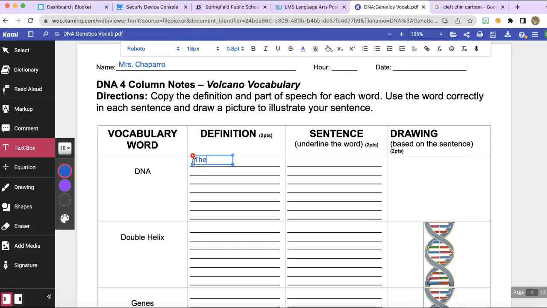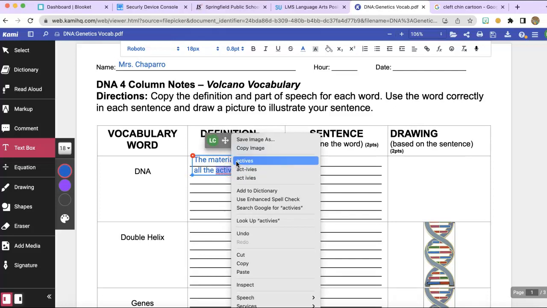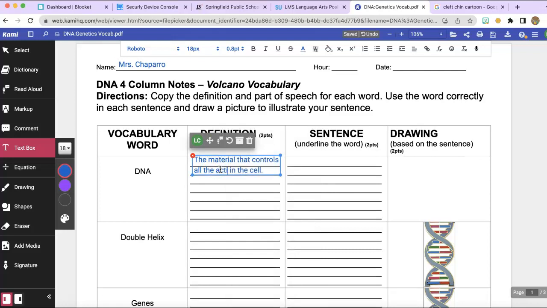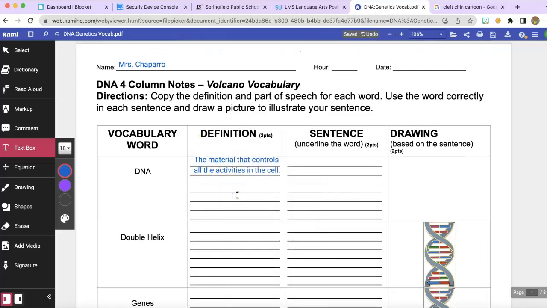It is the material that controls all the activities in the cell. Oh, neither one of those is what I was trying to spell. A-C-T-I-V-I-T-I-E-S. There we go. The material that controls all the activities in the cell. So as you know, go ahead and hit pause if you need to and get this copied down.